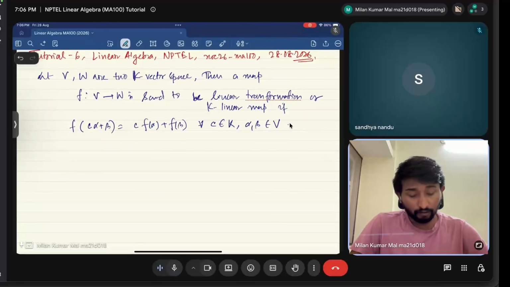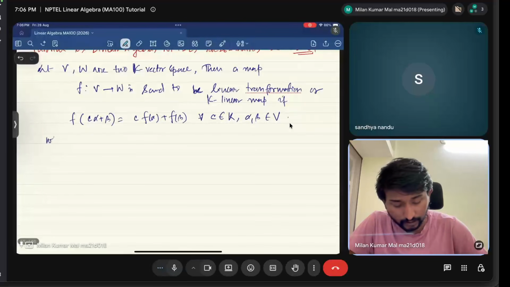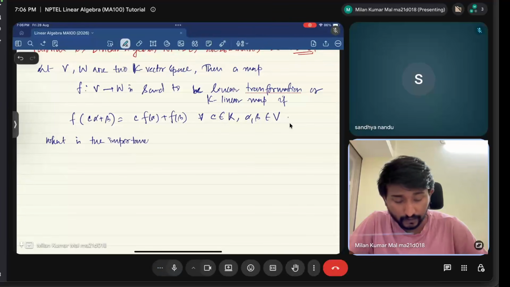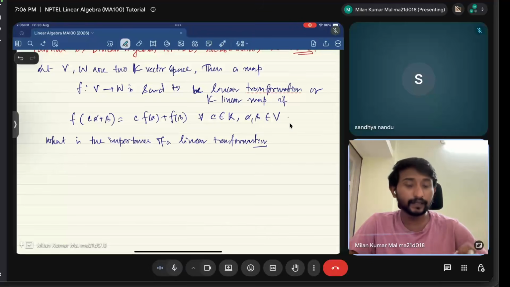Now the main point: what is the importance of a linear transformation or K-linear map? Why should one study a K-linear map, and why is it related to the vector space?